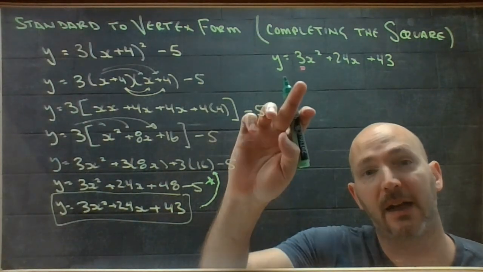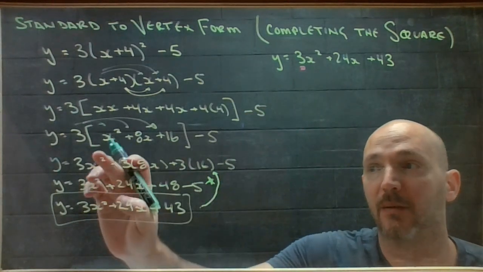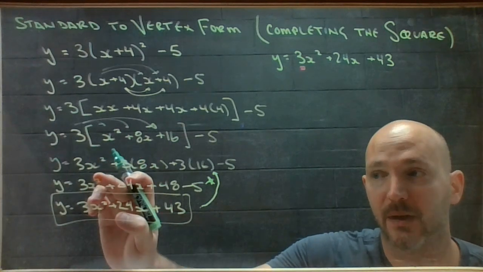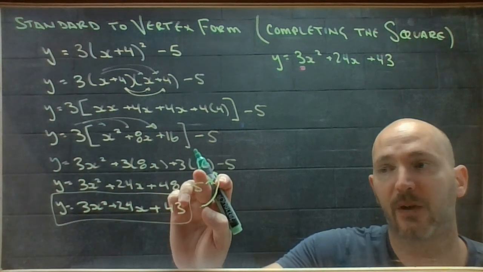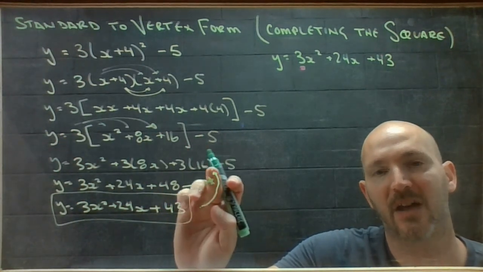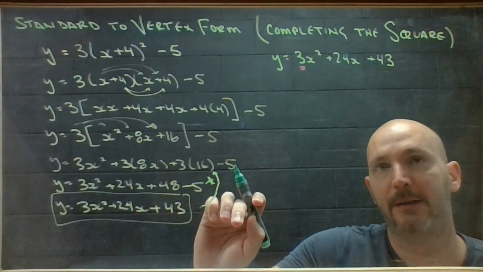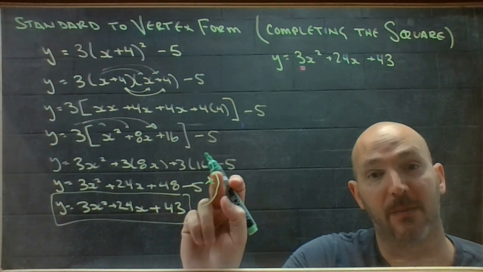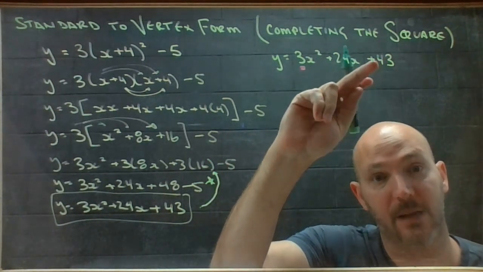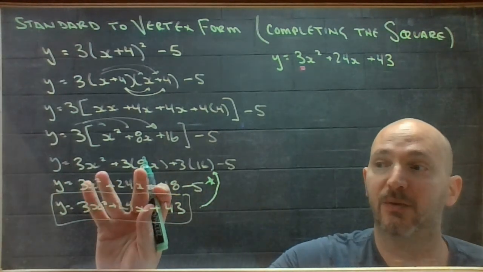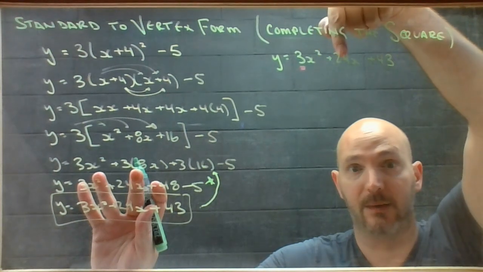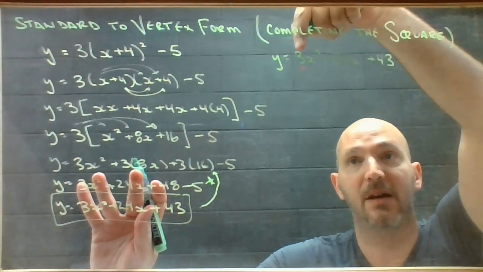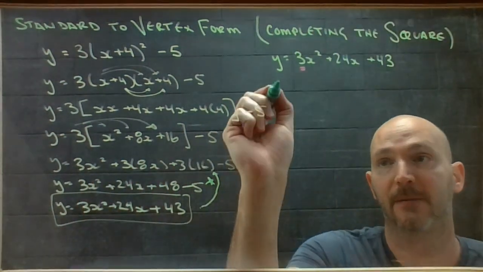So I'm going to have to pull out 3 from the number with an x squared, and from the number with an x, and from this number that didn't have that blended in. Now I'm not going to be able to do this part because I don't know how to separate that, but I do see the thing with the x squared, and I see the thing with the x. So I'm going to pull this number out of those two things.